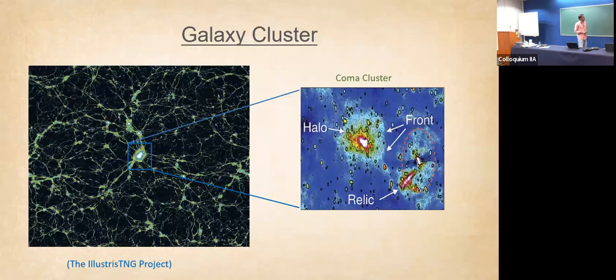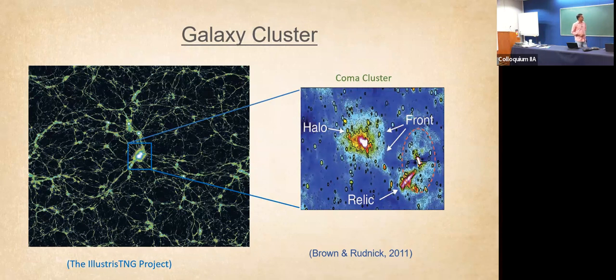Here what we see is the filament structure, and the bright spots are the galaxy clusters, which are of interest for us today. If we zoom in on this part, for example, I have overlaid the Coma cluster radio observation plot here. We can see that there are two clusters which are approaching each other.